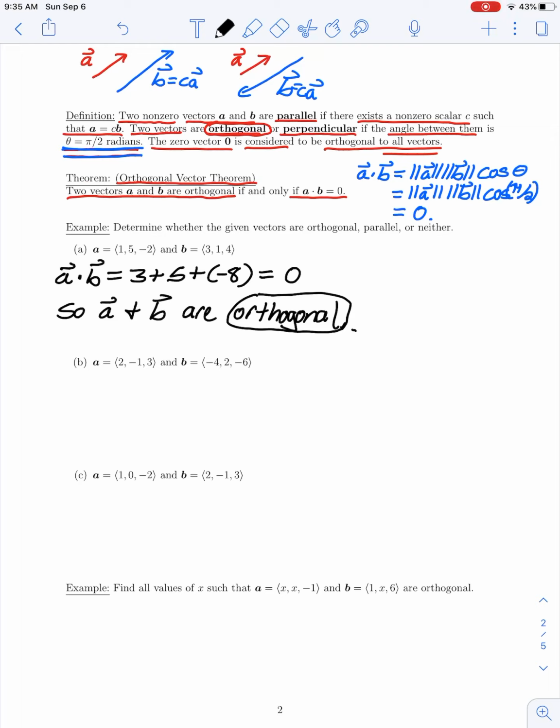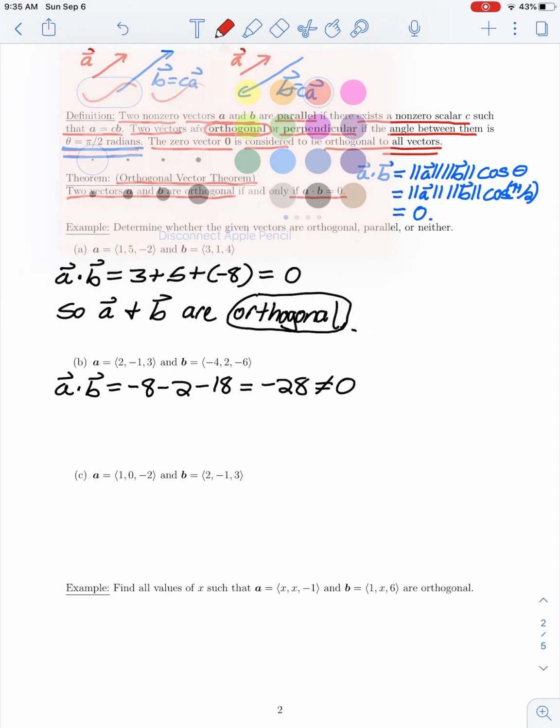Now in part B, we're given two other vectors, A and B. Let's test first off whether they are orthogonal by looking at our dot product. A dot B would be given by negative 8 minus 2 minus 18. So we have a negative 28, which is non-zero, which means that these two vectors are not orthogonal.